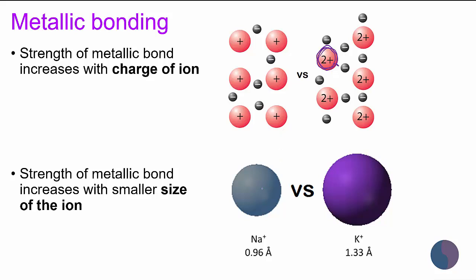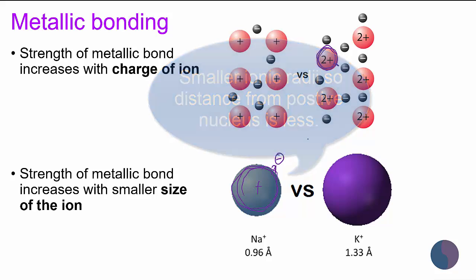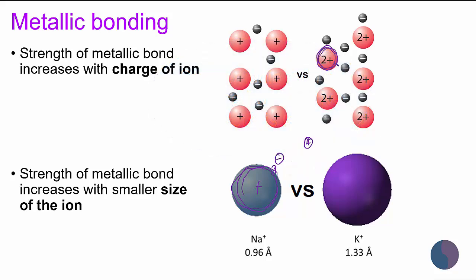And also, if it's a smaller cation, it will have a stronger attraction to the electrons. So ultimately what you want to be is very small and very, very positive, and then you'll have a stronger attraction to the electrons and a stronger metallic bond.